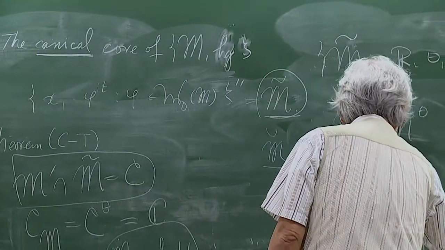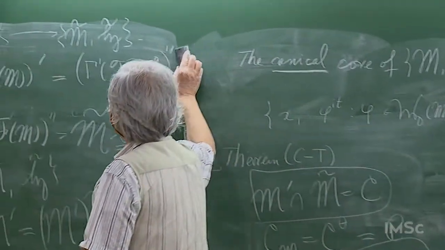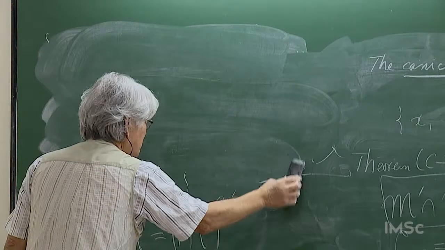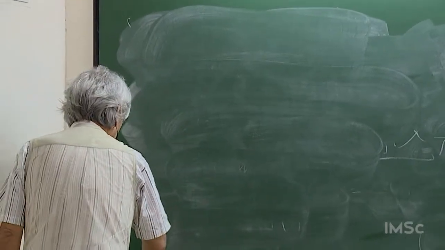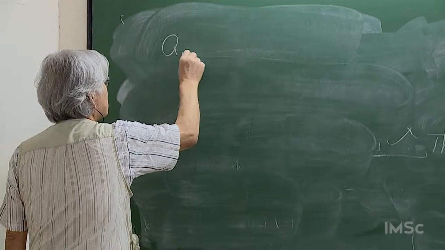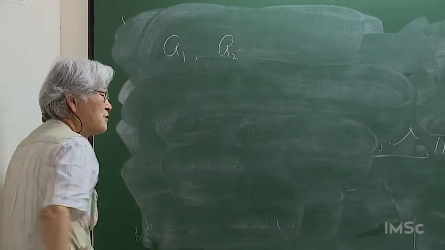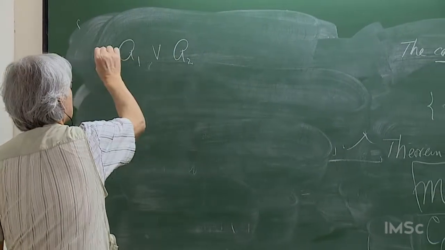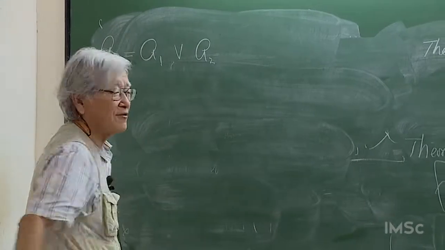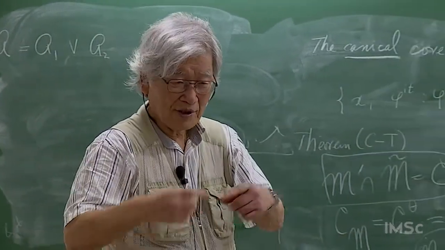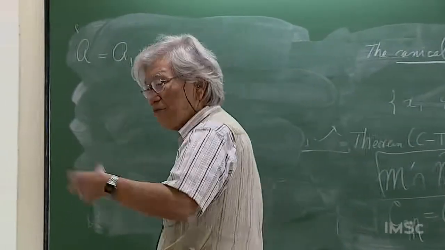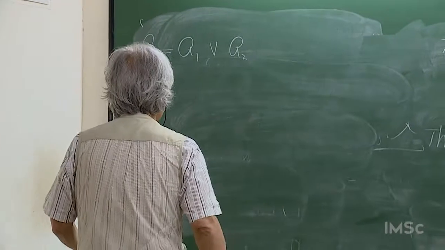Then what you know is the following. When you have two commutative polynomial algebras, A1 and A2, commuting with each other, you can generate a polynomial algebra A on the same space. How does it look? It need not be a tensor product, but what you have is the following.